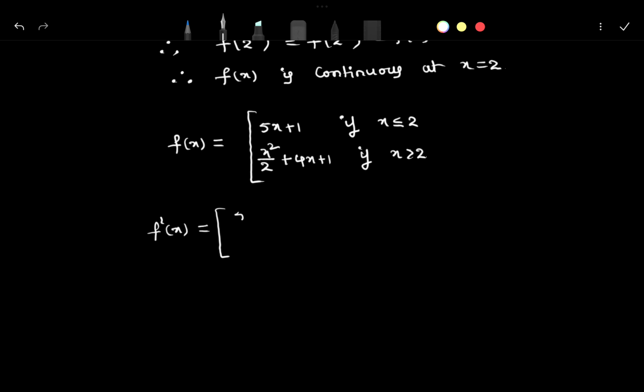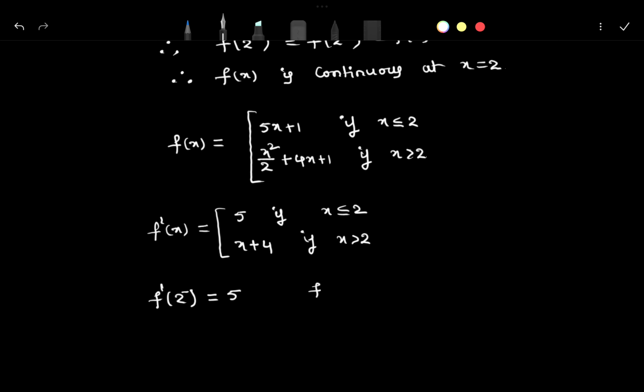That will be 5 if x is less than or equal to 2, and when x is greater than 2, the derivative of the function will be x plus 4. So now you find f dash of 2 minus. What is the derivative of the function when x is less than 2? That value will be 5.